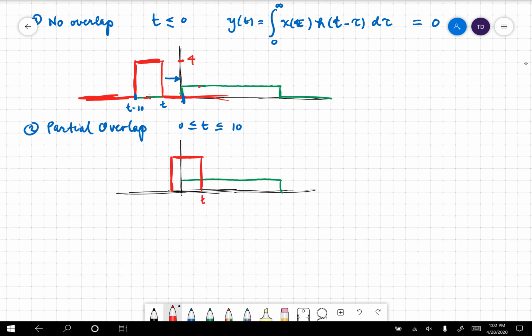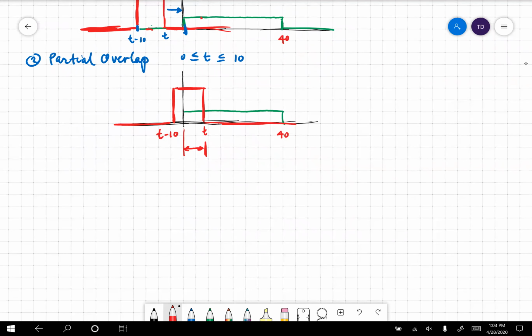Front edge is t, trailing edge is t minus 10. This over here is 40, just like it was 40 there. The only time that you have some overlap is in this region from here to here, from 0 up to time t. That's the only time we get a product of those two that is non-zero. So remember, this height is 4, this height is 1.